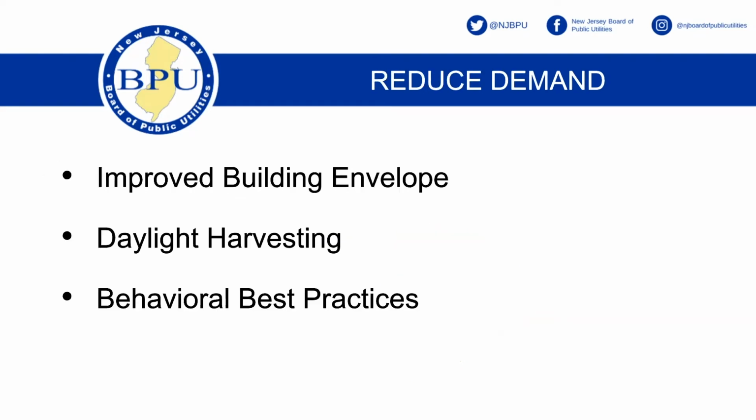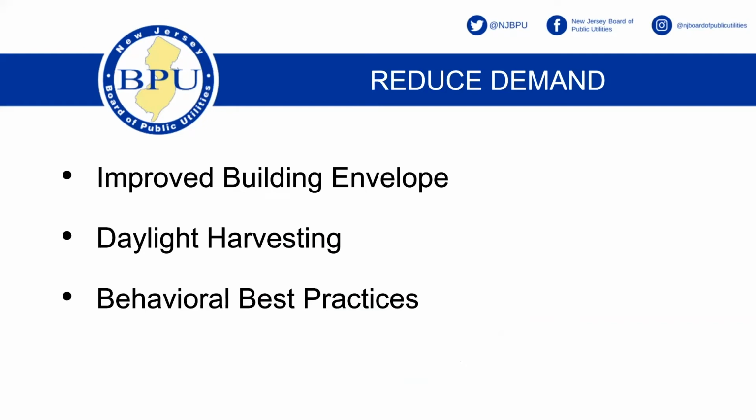So what are some of the things we can do to reduce demand? Well, like I said, we improve the building envelope. Doesn't sound too exciting, but it's more than just insulation and ceiling. Windows are very important. Any type of doors or windows, particularly those subject to solar gain, can have a huge impact on energy consumption.